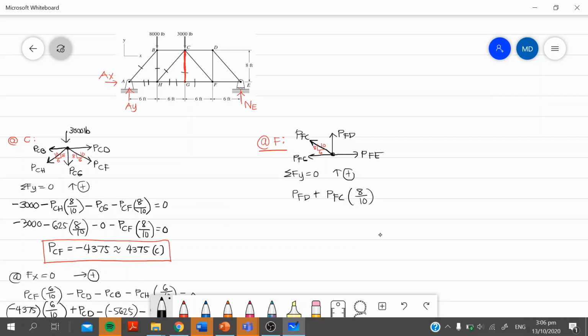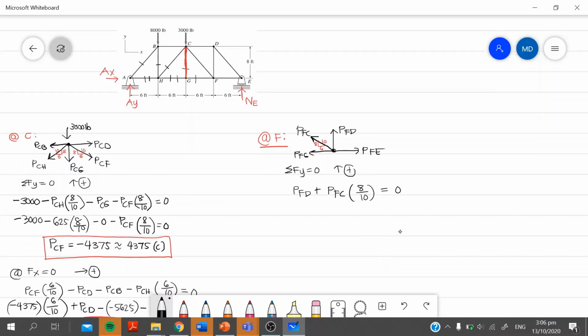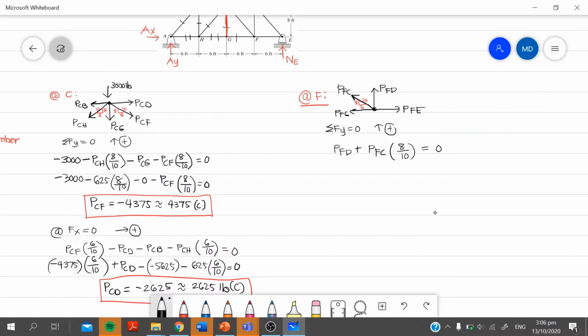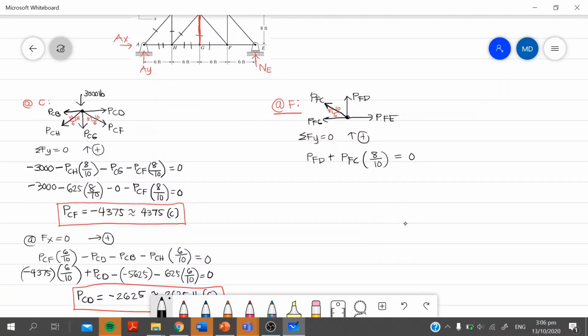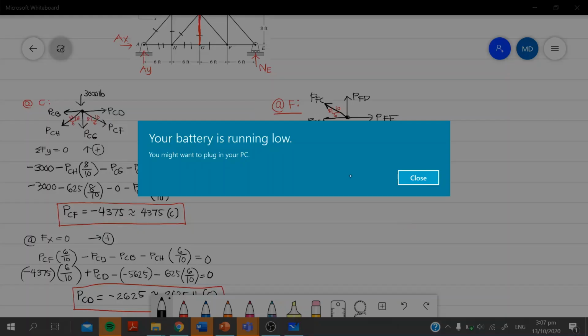Okay, force FD plus force FC times 8 over 10 equal to 0. So, is force FC already solved? Yes, that is CF. CF or FC, it's the same.